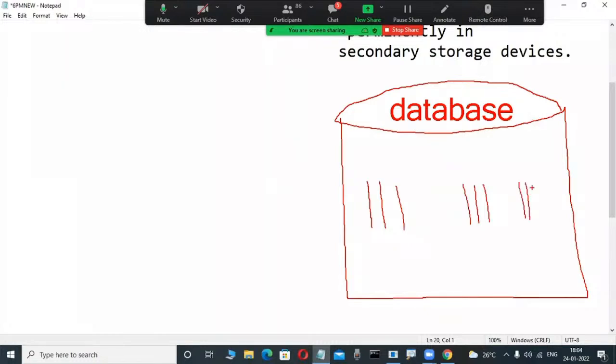Today, I will tell you about the relational data model. Based on that concept these products are implemented, and they are called relational databases.